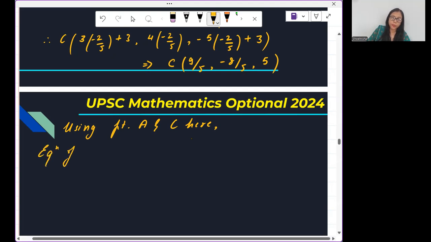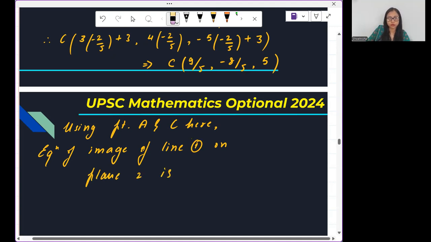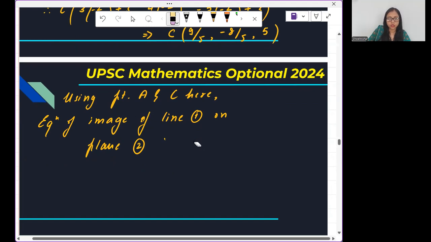equation of image of line 1 on plane 2 is, so x, it was minus 3, A was minus 3, 2 and 5.